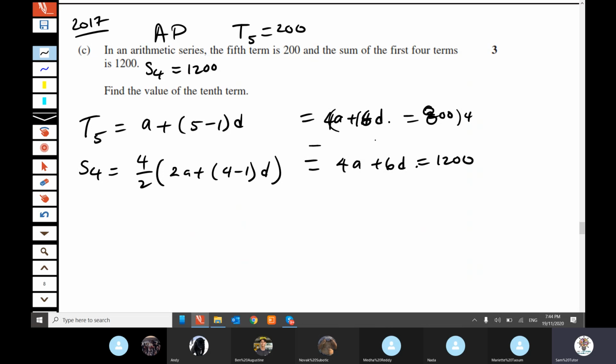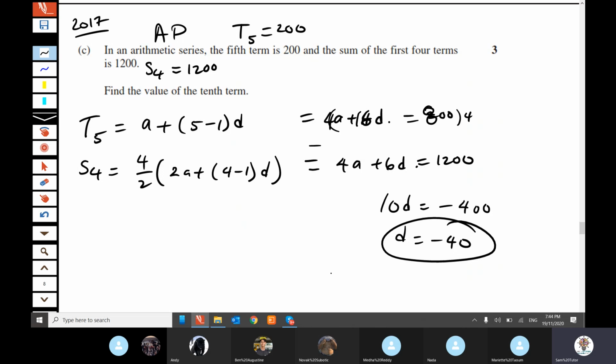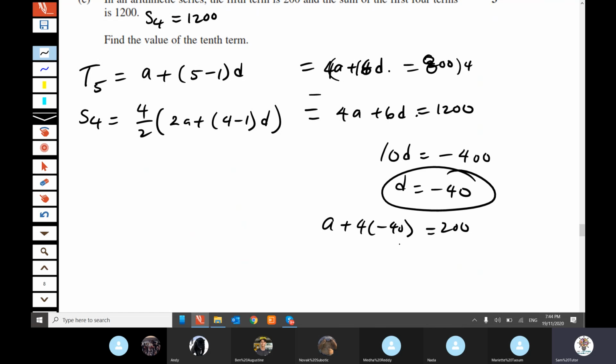Am I doing this too fast? 16 take away 6 is 10. 800 take away 1200 is negative 400. d equals negative 40. Sub it back into a plus 4d, which was equal to 200. Is that what we said? Yep. And then that becomes negative 160. a is equal to 360.